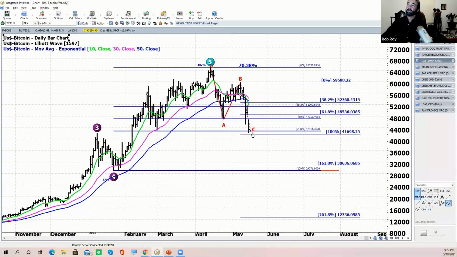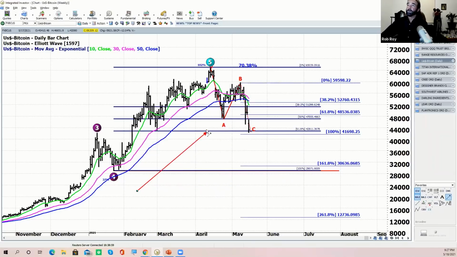It's also hit 100% extension. So can you see the point of this is we're sitting on support on Bitcoin. If it breaks that, it's easy. You're coming down here. If it breaks where we are now, so if it breaks 43,000, we're coming back to the previous 4, which happens to be the 161.8% extension of the current zigzag that it's in as well.